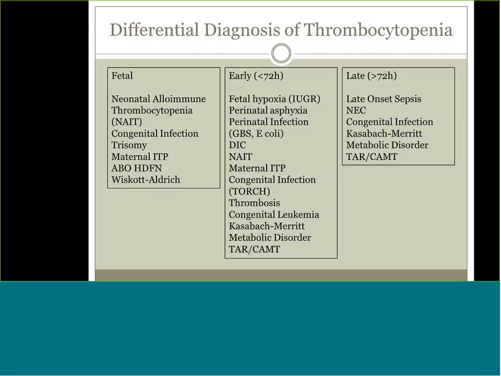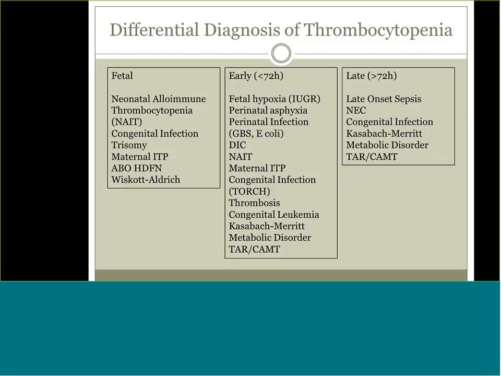Early in the NICU course, I think about insults to the infant: fetal hypoxia, IUGR, perinatal asphyxia, perinatal infection, group B strep, E. coli. I think about sepsis and DIC and consumptive coagulopathies. NAIT, maternal ITP, congenital infections, thrombosis as also a mechanism of platelet consumption. Congenital leukemia, though rare, can cause thrombocytopenia if there's a massive marrow infiltrate.